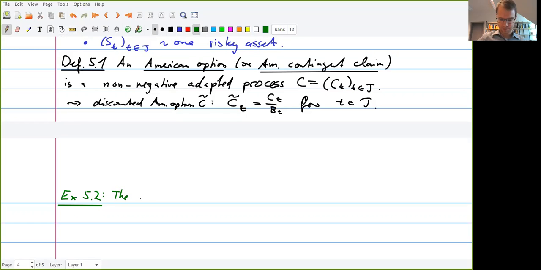The American put option, denoted by C put, is an American option, C, put for put option. So that has to be a non-negative adapted process.